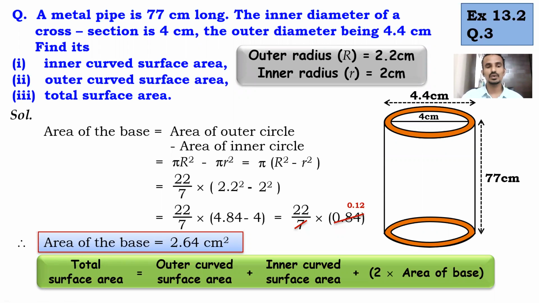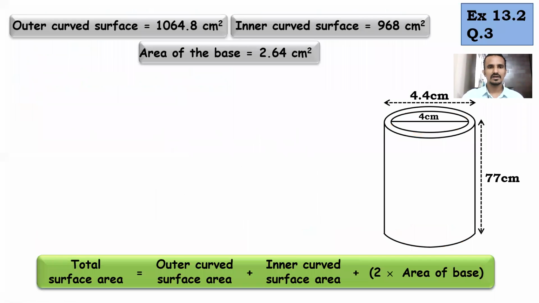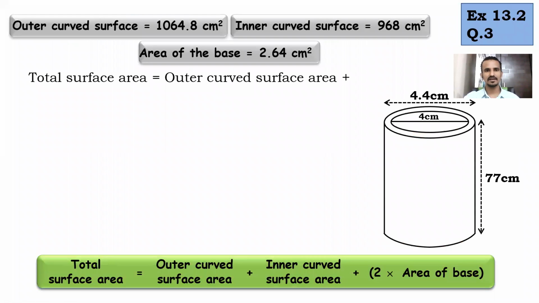The final answer will be the total surface area. So now we have to add these parts. Write down this: total surface area is equal to outer curved surface area plus inner curved surface area plus 2 into area of base.